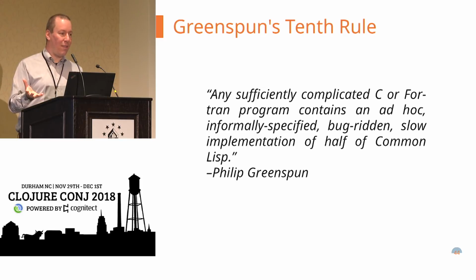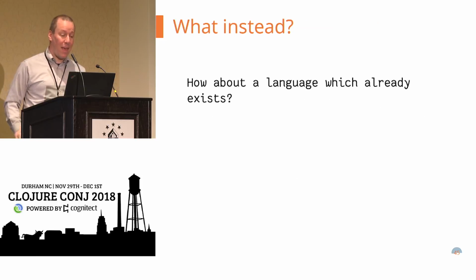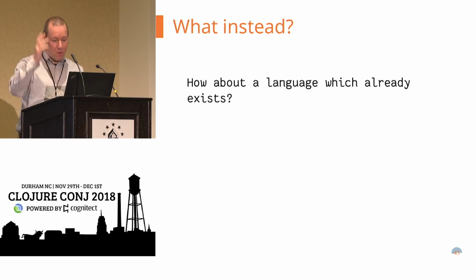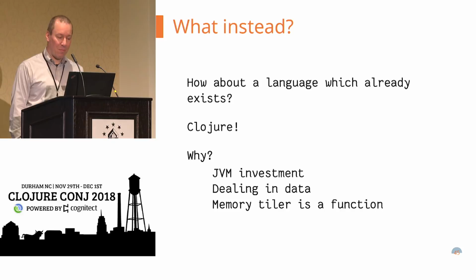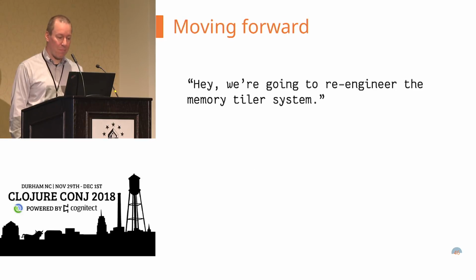Greenspun's Tenth Rule says if you have a system that's complicated enough, and we all do, you're going to get some sort of half-baked language built into it. So let's skip the half-baked language and pick a language that already exists. And if we're talking Lisp, let's just go ahead and do Clojure. So this is how we're going to go forward here.